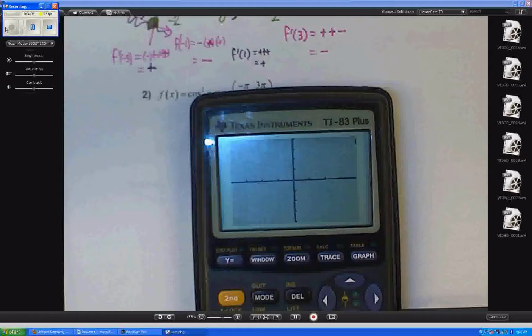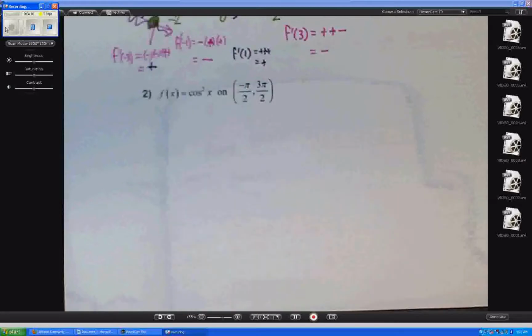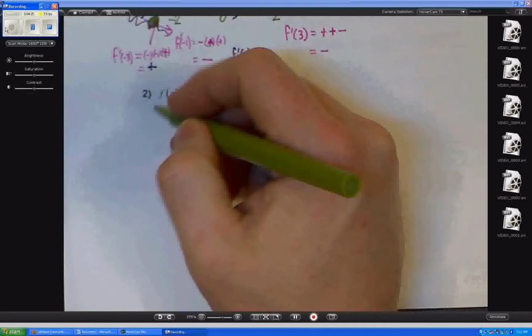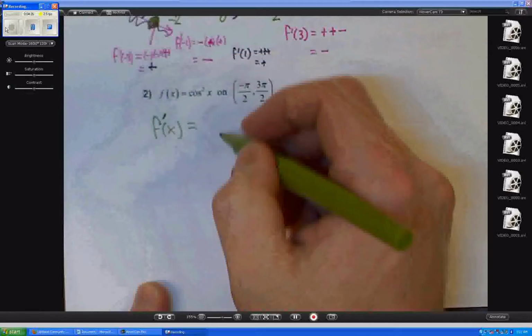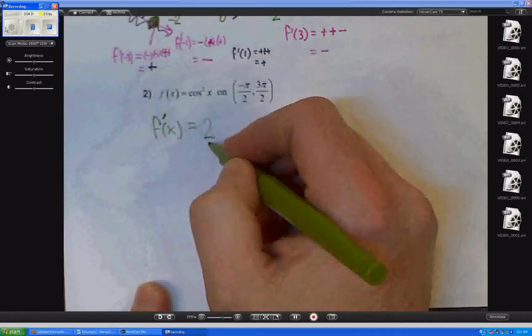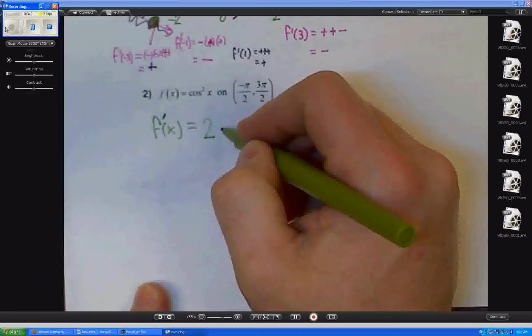Hey, what do you notice about this? It does look like a trig function, but it's always non-negative because I'm squaring it, right? But let's do the calculus without the calculator and see what happens. So f prime of x is 2 times cosine x to what power?